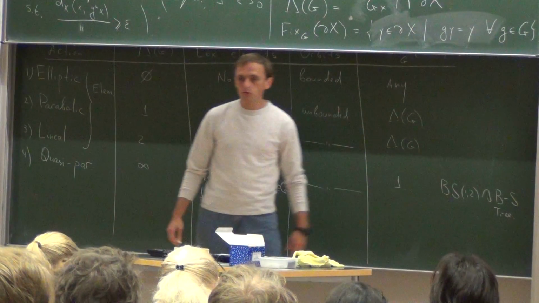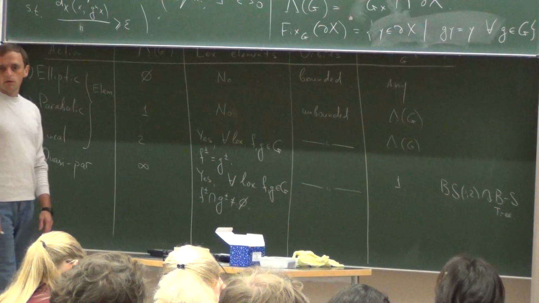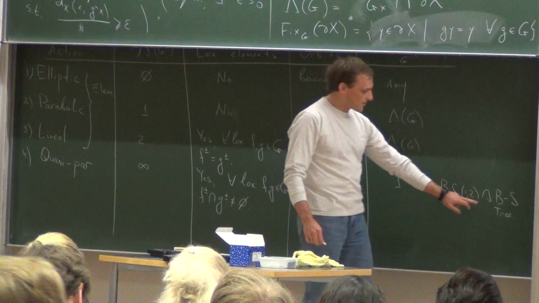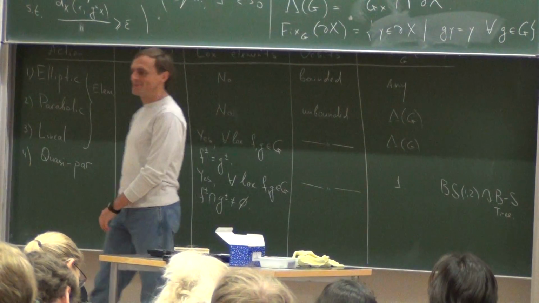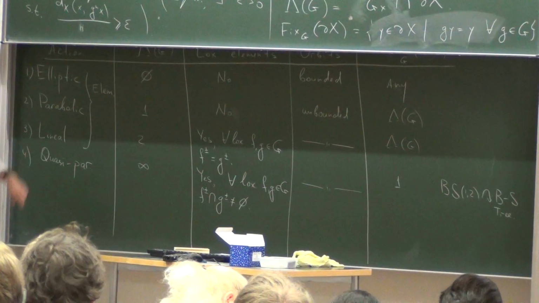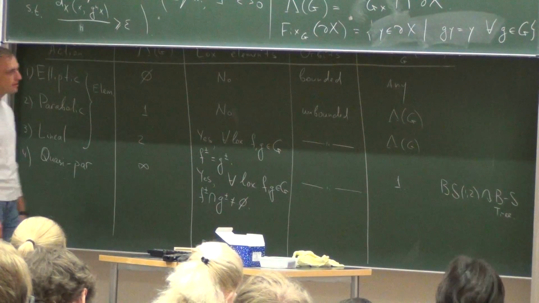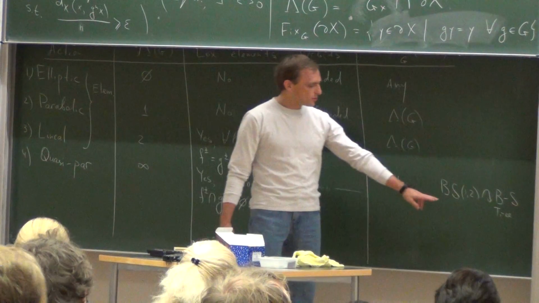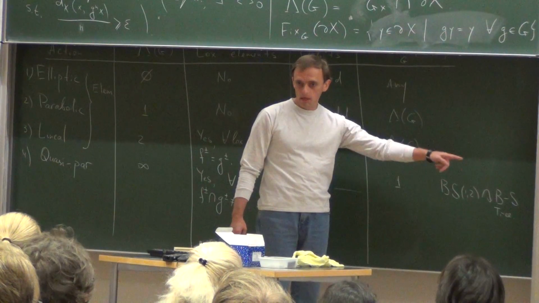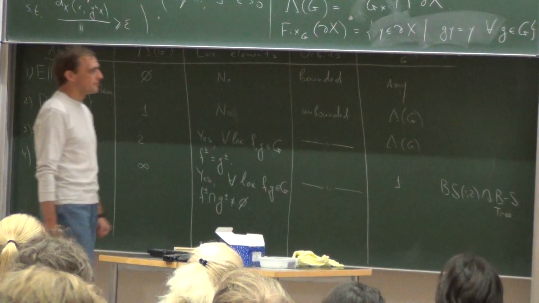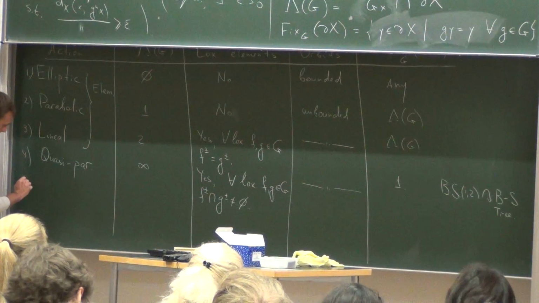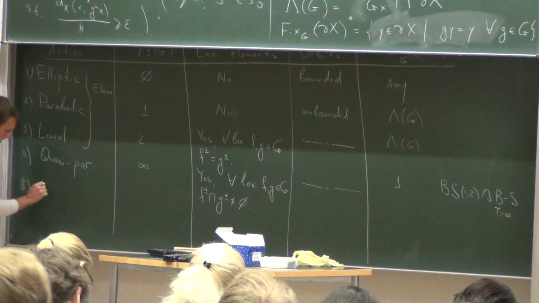So you know that this group is an HNN extension of Z, and you take the associated Bass-Serre tree. And that's a quasi-parabolic action. It fixes one point on the boundary of the tree. And if you want an example of a parabolic action, just take the commutator subgroup of this group. And the commutator subgroup of this group has a parabolic action on the same tree. It doesn't have loxodromic elements. That's an exercise.